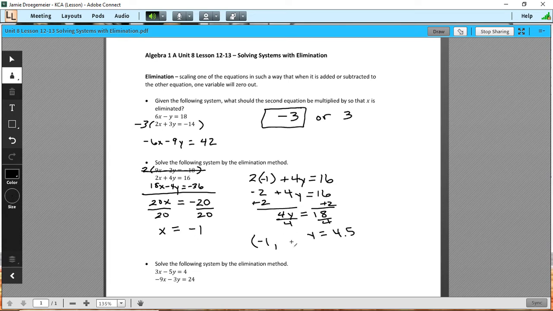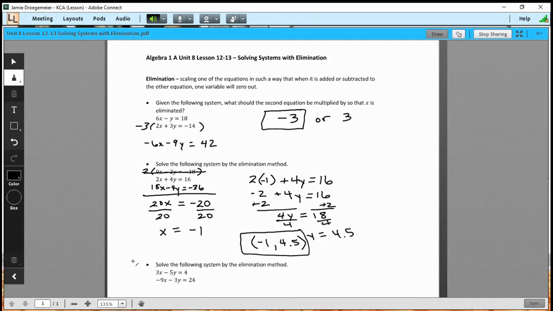And so that tells me that my solution point, that's the y value, negative 1 was the x value. That's the solution to this system. And basically what that solution is saying is that if I plug in negative 1 for x and 4.5 for y in both of those original equations, it's going to make those true.